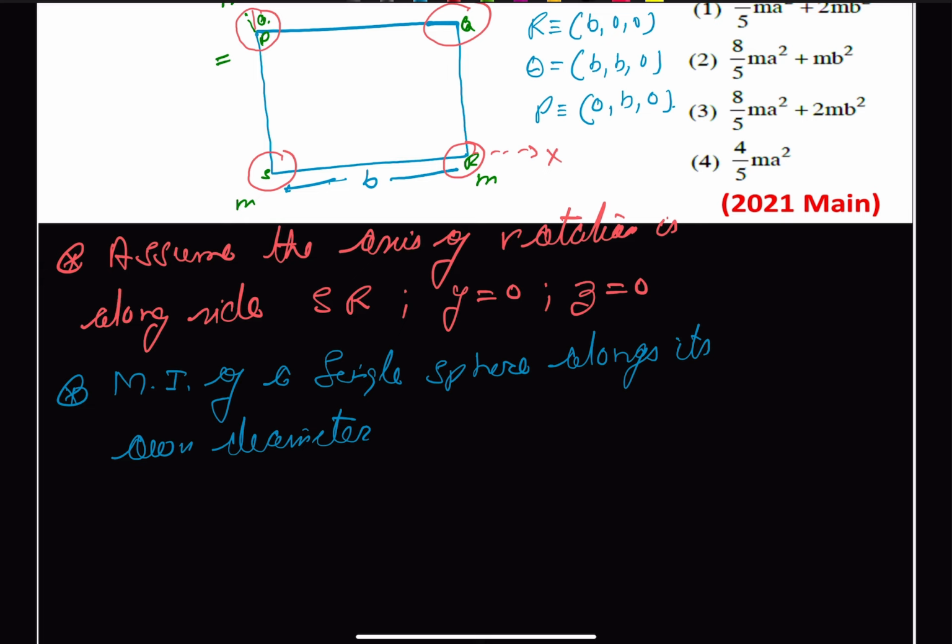Let us call this I center of mass, ICM. It will be equal to, by the standard formula, 2 by 5 m r square. Here r is our a square.